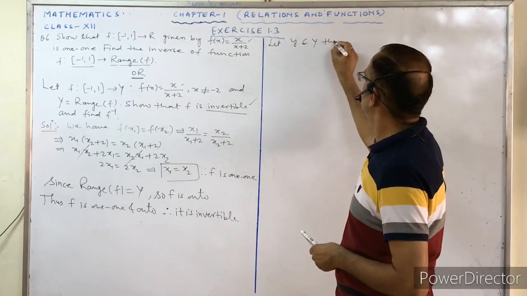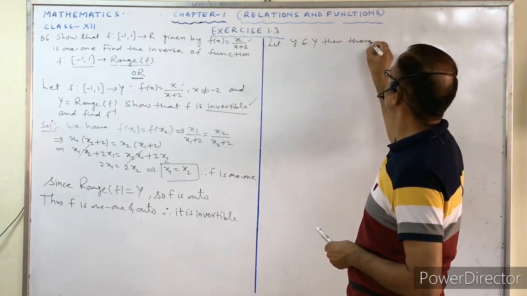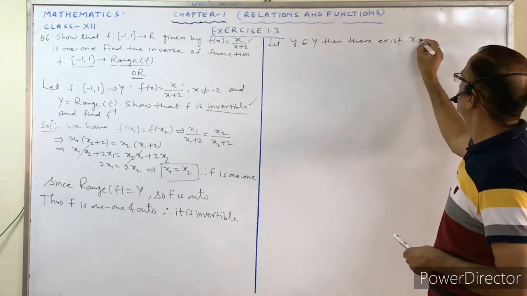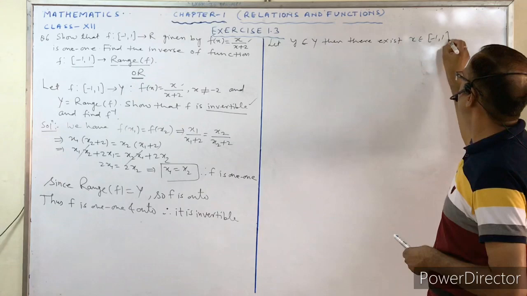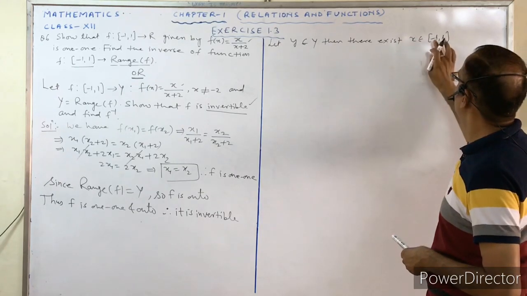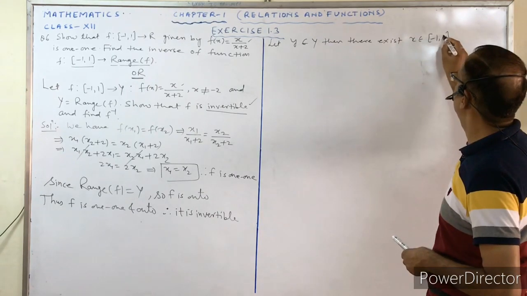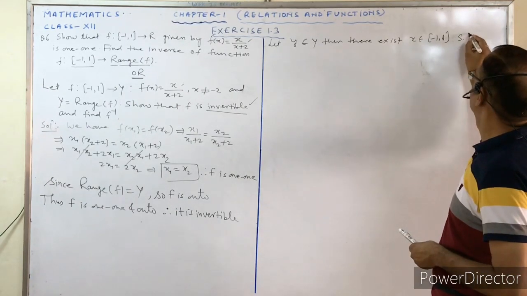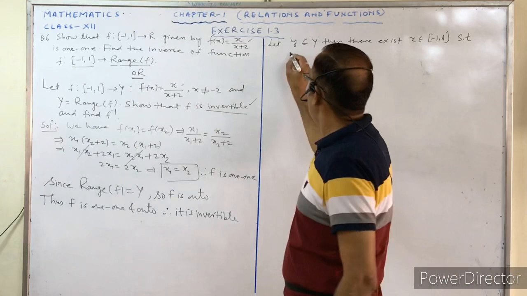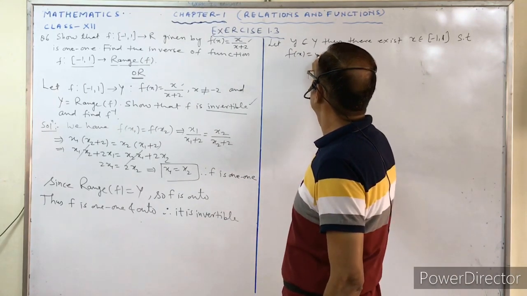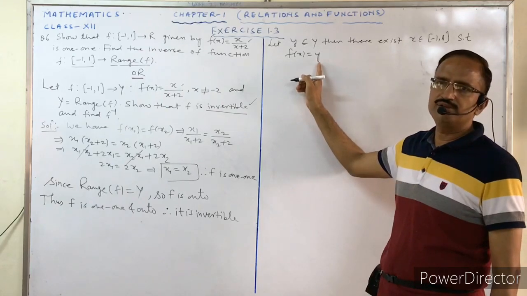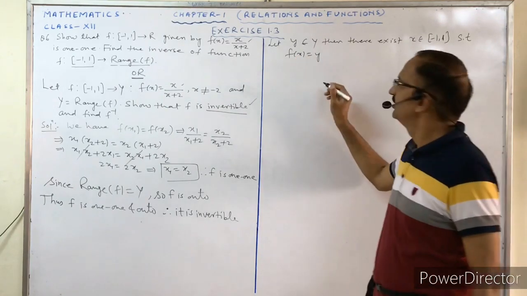Then there exists x belonging to [-1, 1], the pre-image of y in the domain, such that f(x) equals y. The image of x is y, so the pre-image of y is x.